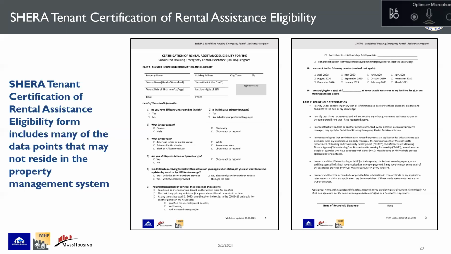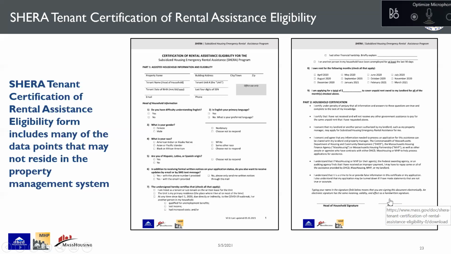To be directly or indirectly impacted does not necessarily mean that they've got the virus, but that their life was impacted because of COVID-19. For example, a job loss, or if their job hours were cut, or they were required to take care of family during the pandemic.